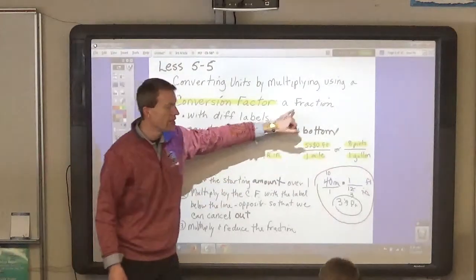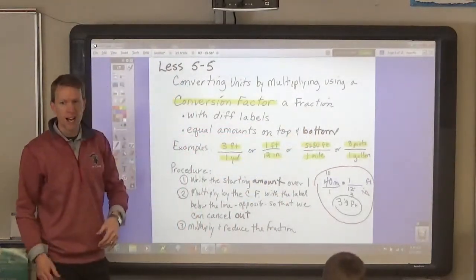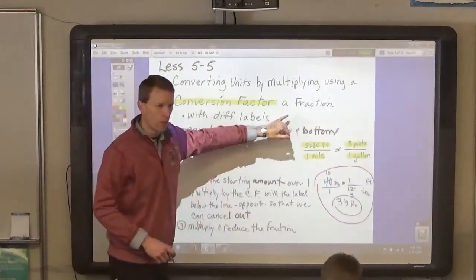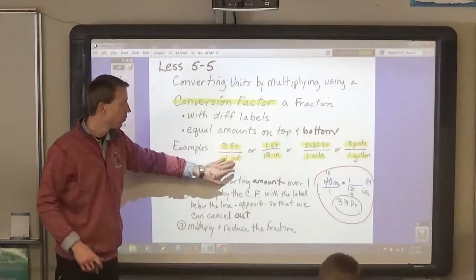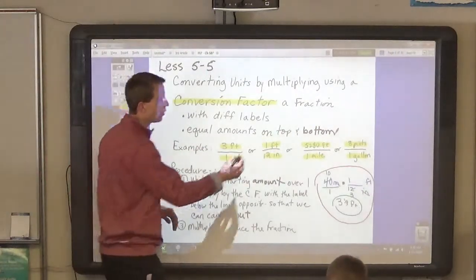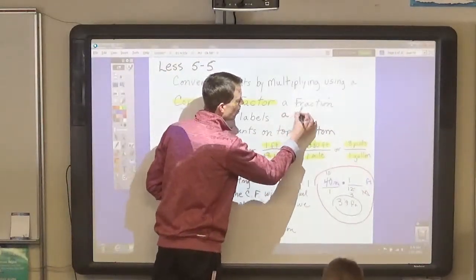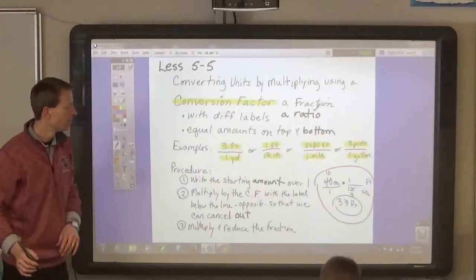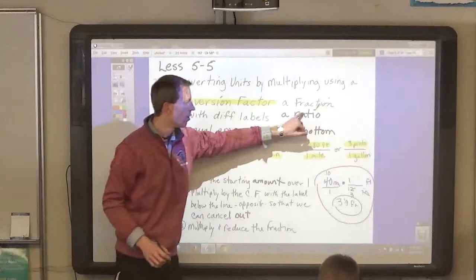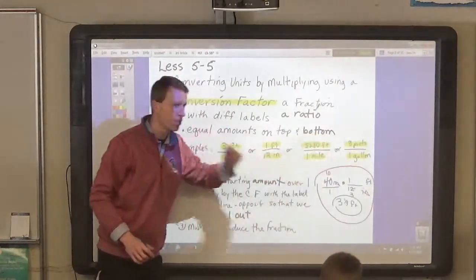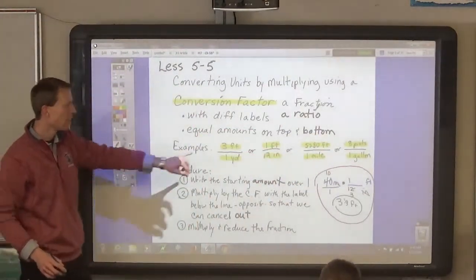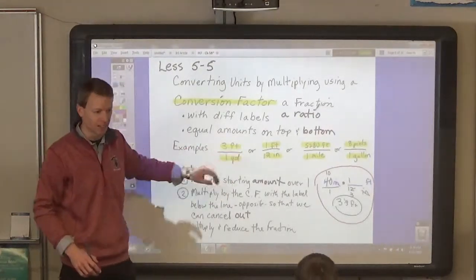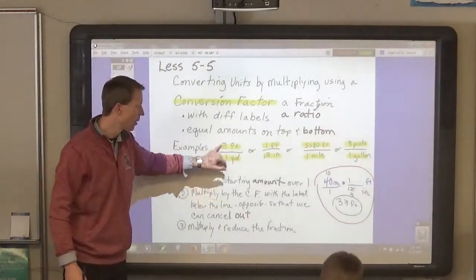So this fraction is really a ratio of one thing to another. This fraction is a ratio that compares 2 different amounts. A ratio, R-A-T-I-O, because it compares 2 different things. Feet and yards, 3 over 1.